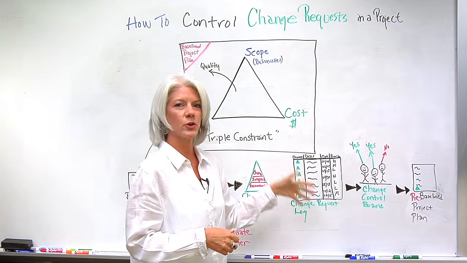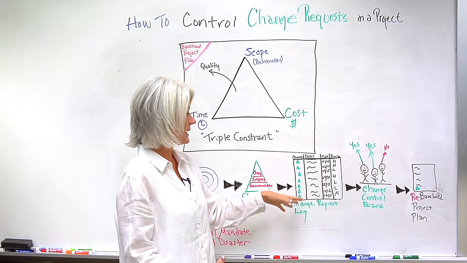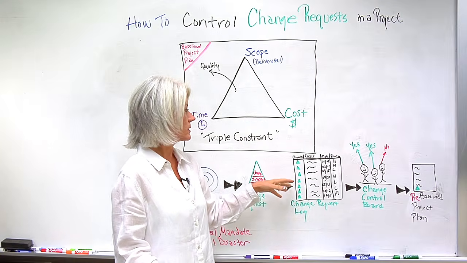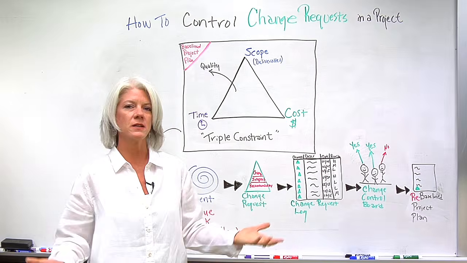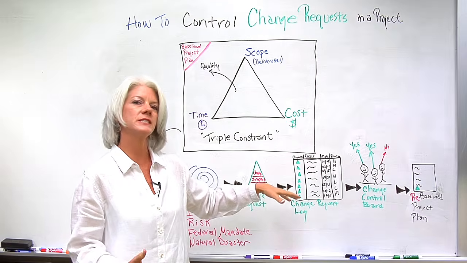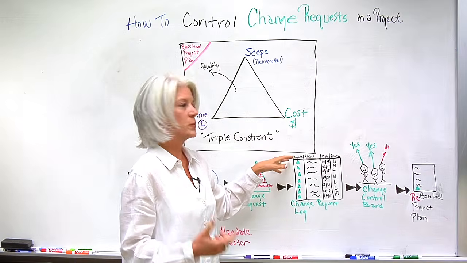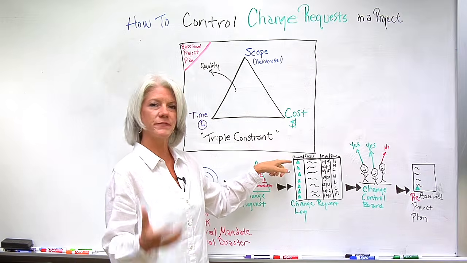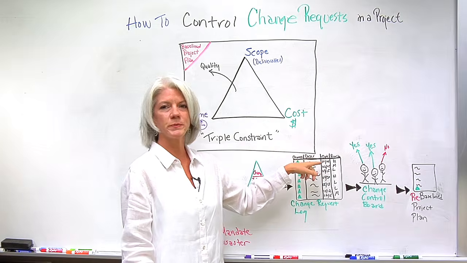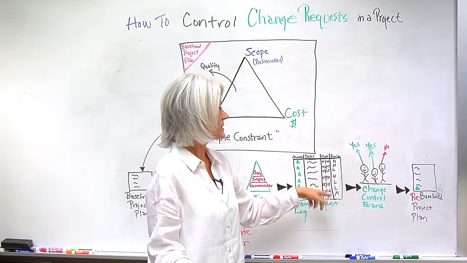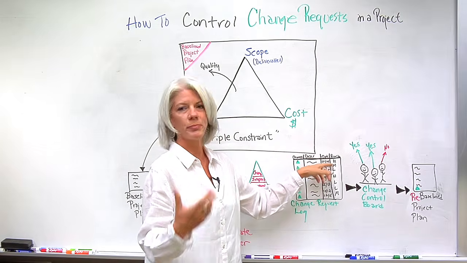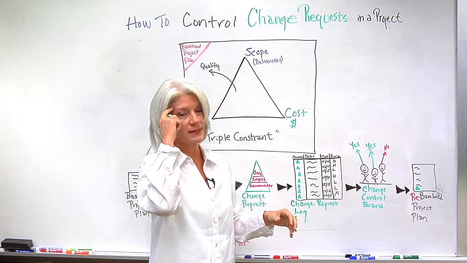So that is all incorporated, captured, documented in our change request log. The change request log captures all of the changes that are made or submitted throughout the project. So you want to capture all the different changes, what are the descriptions, what was the date that the change was submitted, what priority, and again capturing the impact.